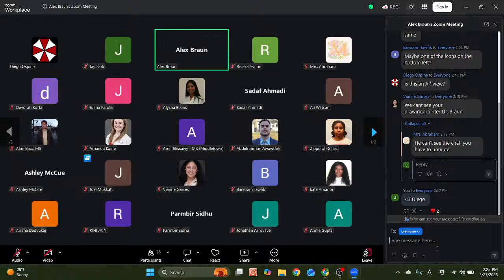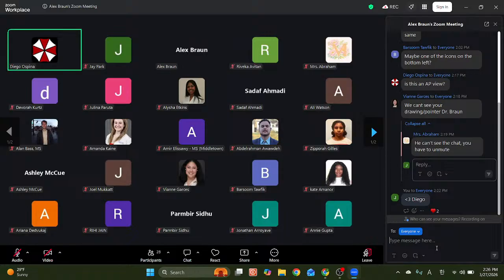No, I don't see that. On the bottom of your Zoom, there will be something that says share. Okay, I have share.